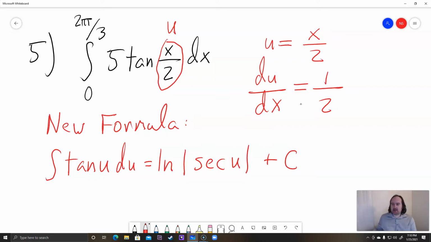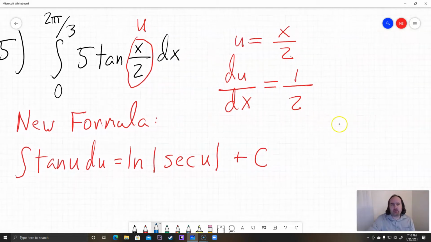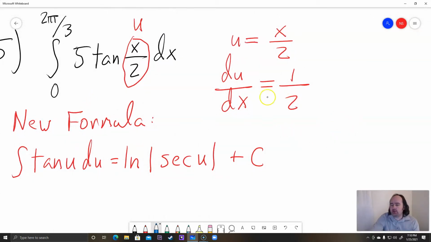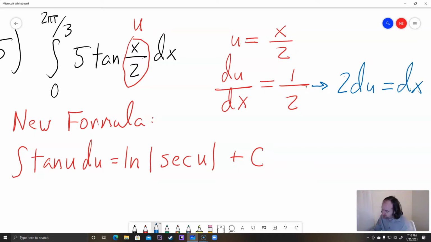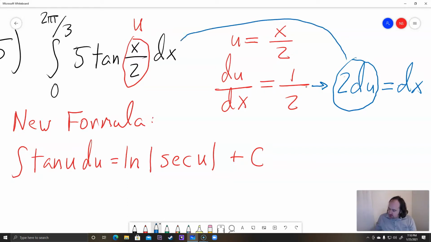Then we isolate dx. To isolate dx, we multiply both sides by 2 and also by dx. So we get 2 du equals dx. Then we plug in 2 du for dx in the original problem.